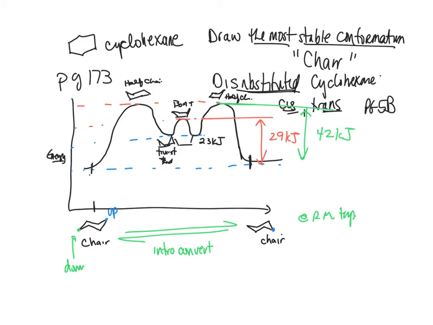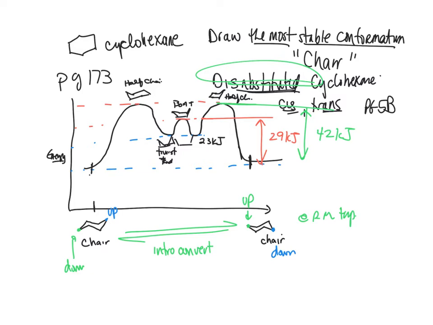Well, now this carbon is down, and this carbon is up. It doesn't mean that much when you don't have any substitution, any methyls or ethyls or isopropyls on that chair. But it does make a difference when you start having substitution.